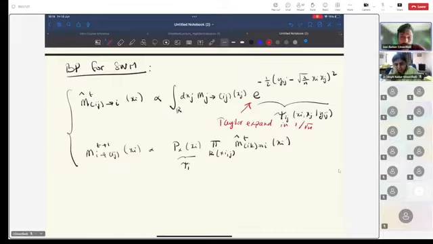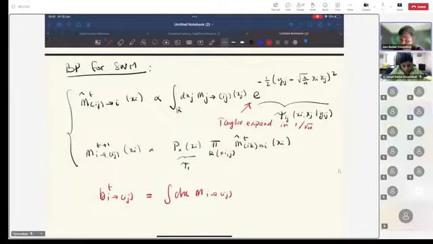And if you do so, what you can do is compute the means. You can write the equations for the means and the variances of these messages instead. And the variance.